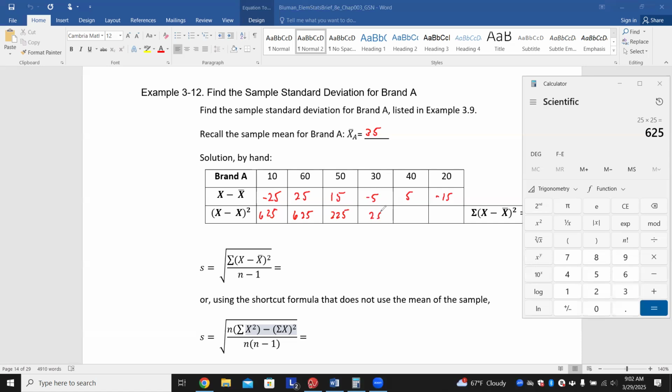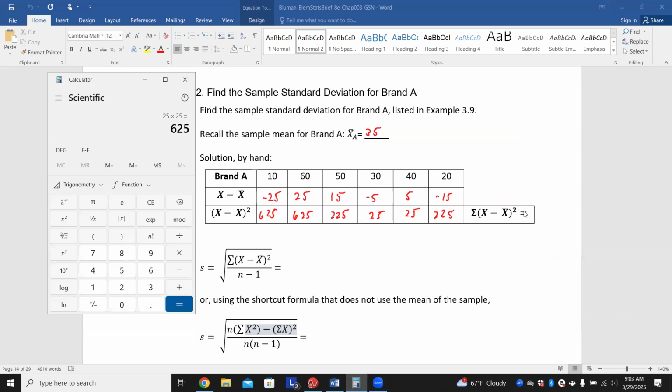This right here would be 25, 25, and then 225. All right, so the next part is to add those all up. So 625 plus 625 plus 225 plus 25 plus 25 plus 225 gives me 1,750.